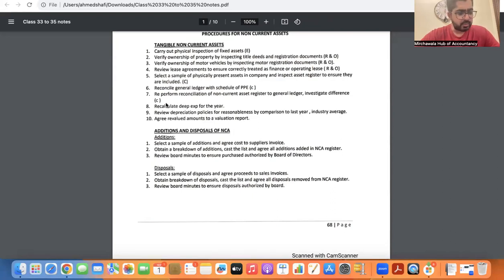Okay. Recalculate depreciation expense for the year. For the year, you can write this.